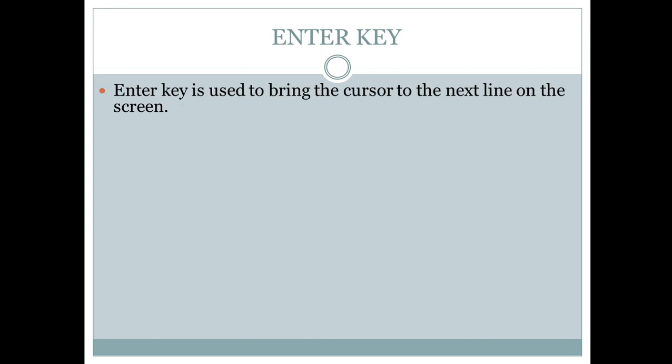Similarly, while typing, if the first line is finished, how do we move the cursor to the next line? We can do it using the enter key, moving the cursor to a new line.